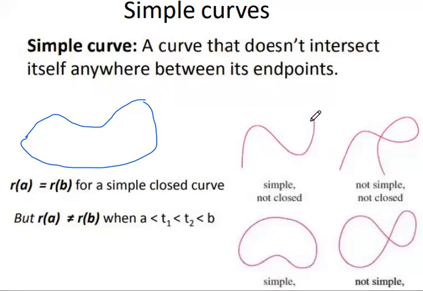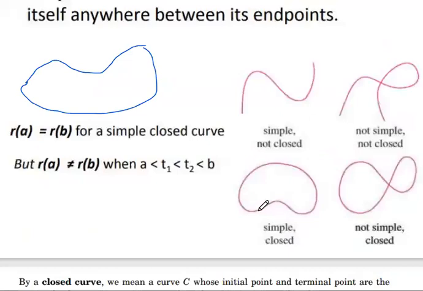You don't see any self-intersection parts in this path, so this is called a simple path, but it is not closed. If it is closed, then we say this is a simple closed path. This is not simple because we can see intersections.